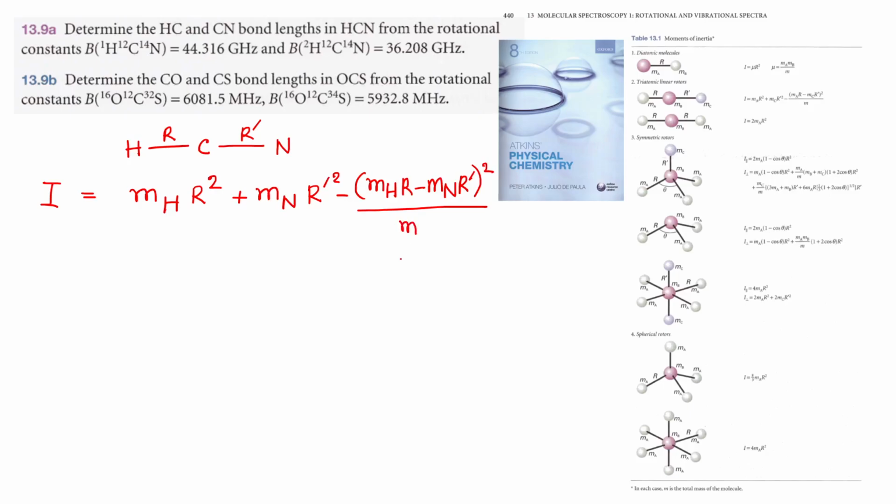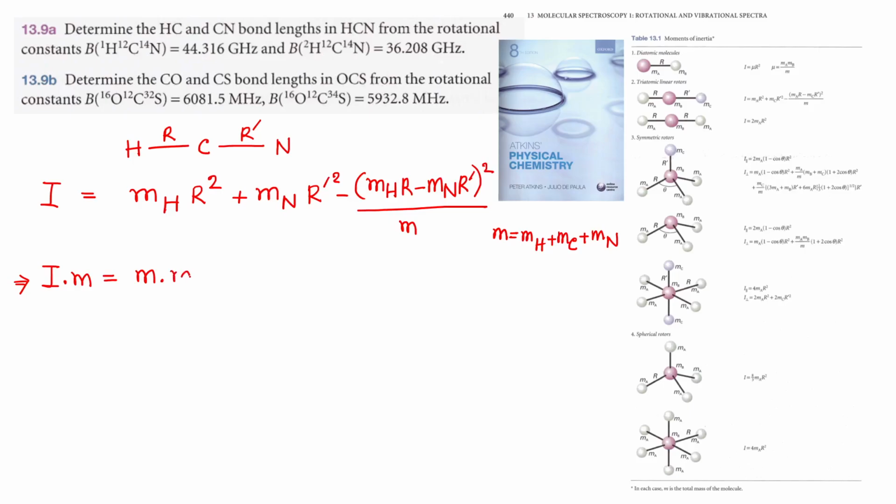Total mass is small m, which is mH plus mass of carbon atom plus mass of nitrogen. Okay, this is the total mass. If I multiply both sides by the total mass, I am going to get something like this expression.